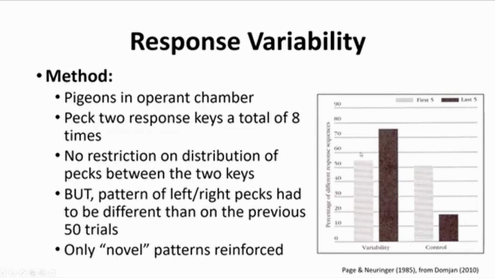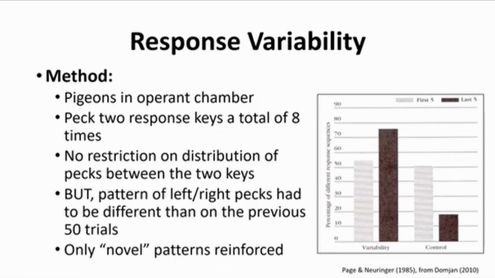But that explanation out of the way, we see that the group that was reinforced for variability in their last trials shows more variability than the control group does in their last trials. In fact, both groups have fairly similar amounts of variability in their responses at the beginning, but our control group actually shows less variability over time because they weren't being reinforced for variability.